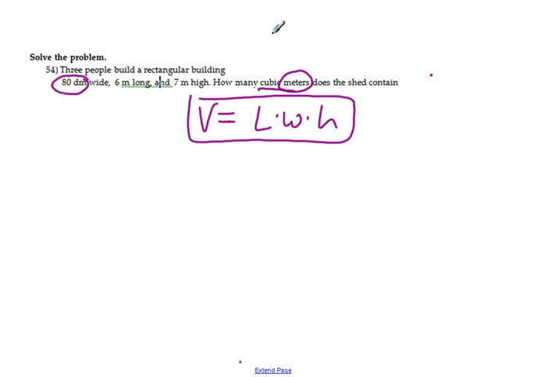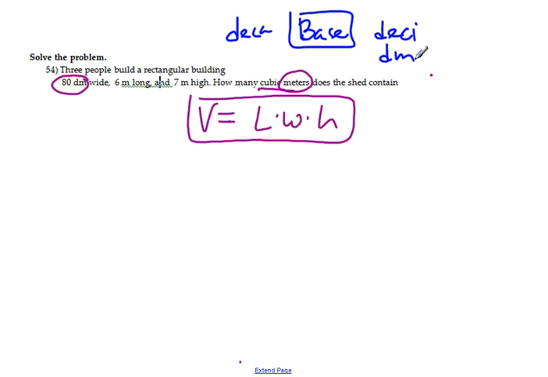Looking at your units, again, looking at the order of the format that you have, decimeters is 1 unit to the right of your base. This is where you have to be careful between deca and deci. It has base unit, you have deci, over here you have deca. You've got to make sure you know the difference here. This would be decimeter.